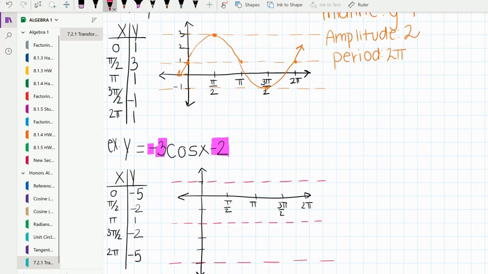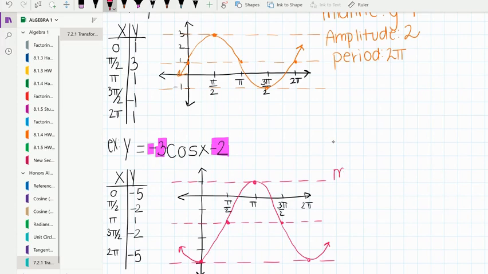All right, then I start graphing. So I know my graph has to be in between all of these lines. All right, so it's going to look something like this, and then I know that it'll have to go up that way and up that way.